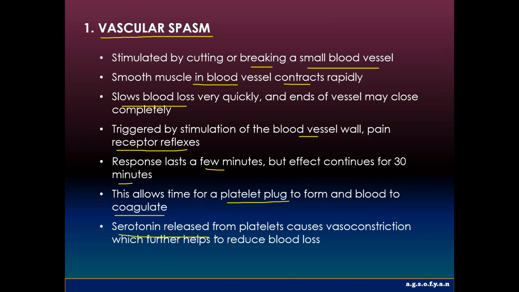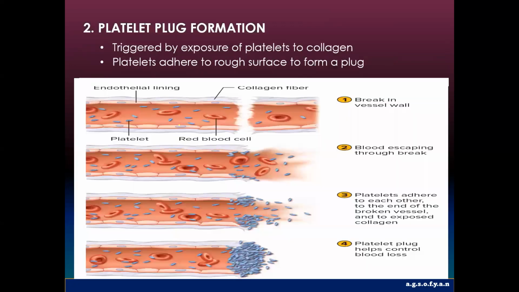Serotonin released by the platelets is what causes the smooth muscle to perform this action, the vasoconstriction or vascular spasm. So this is the first stage. The second stage is platelet plug formation.